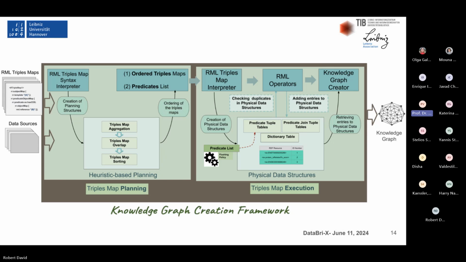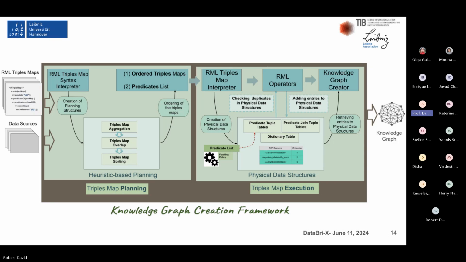In the first stage, we are planning the execution of these triple maps, in the same way that we plan the execution of a query evaluated over a knowledge graph. So we see this as an optimization problem. On the other hand, we have physical operators and physical structures that enable the efficient execution of the plans selected in the first step.